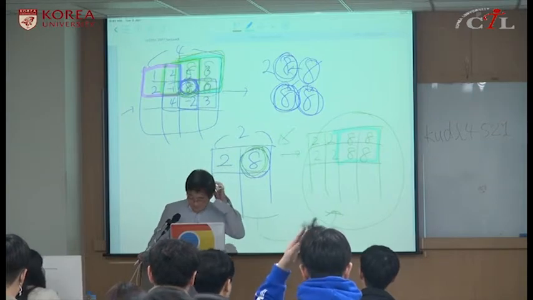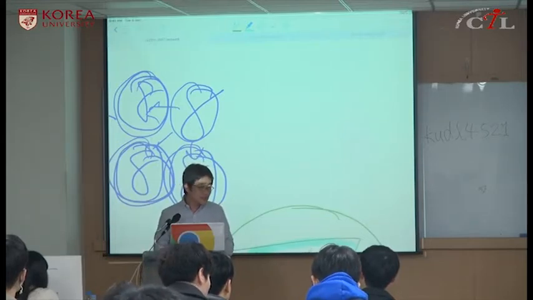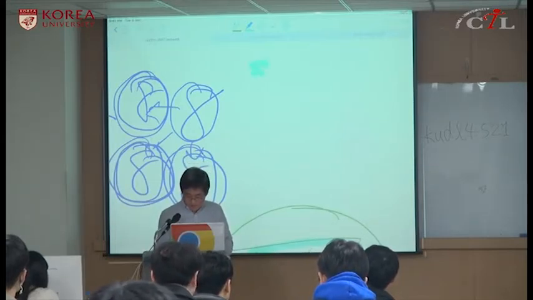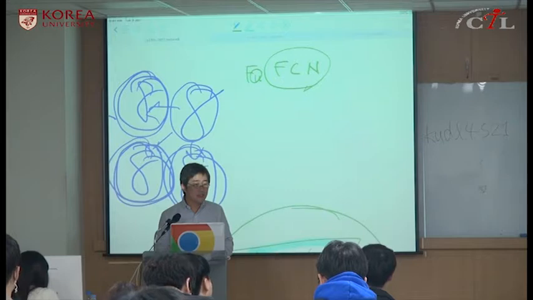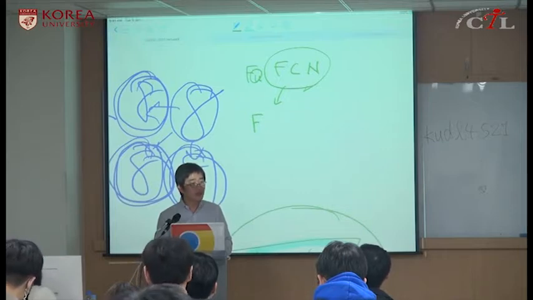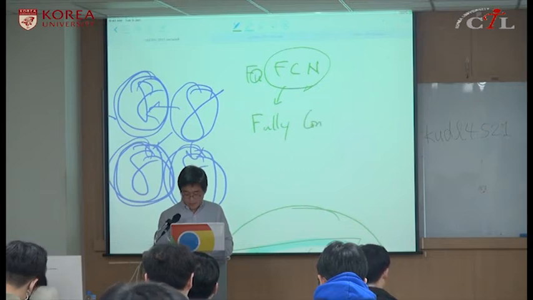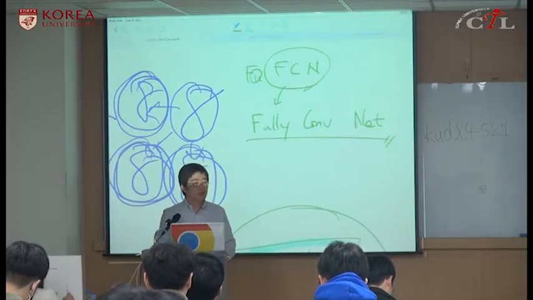But if you're interested, you can just look for FCN. This acronym is not for fully connected network, but it's actually fully convolutional network. In this case, it can actually handle a variable size of input image.